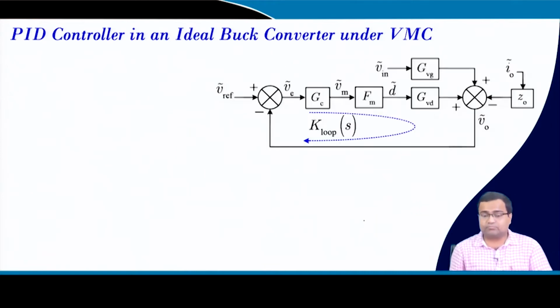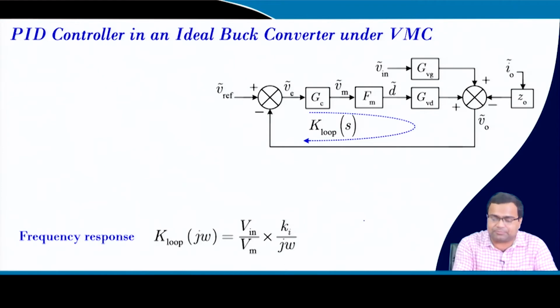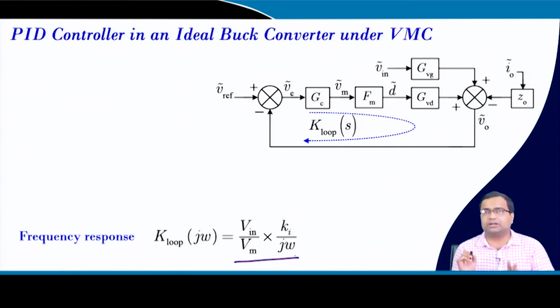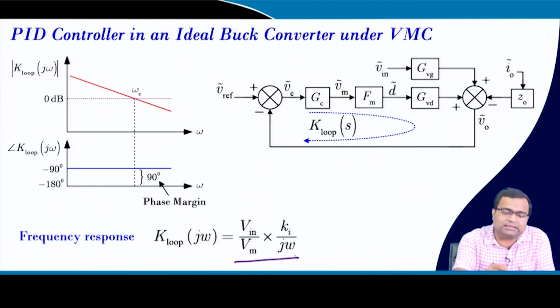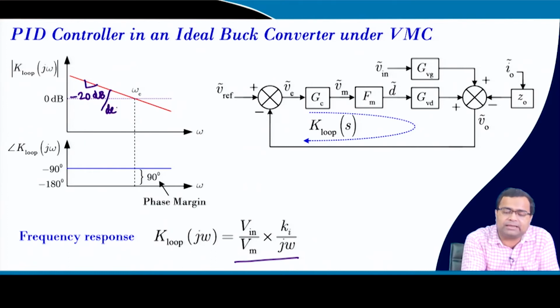If you draw the frequency response, that means S equal to j omega, and plot it like a Bode plot, then this will be minus 20 dB per decade, and this point we call the gain crossover frequency.